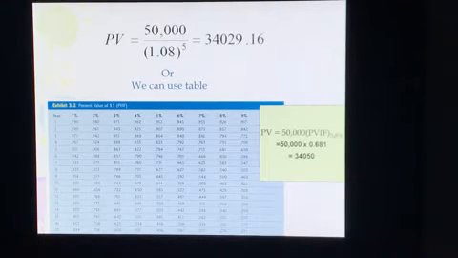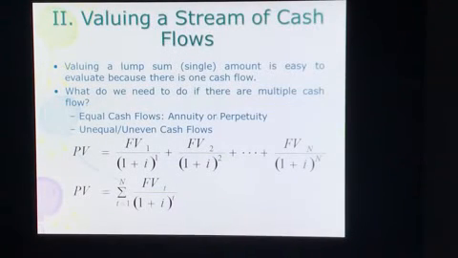We can use this table, or this simple manual formula, future value divided by (1 plus r) raised to power n. By using this formula, the answer is 34,029.16. We get almost similar results. This difference is ignorable.